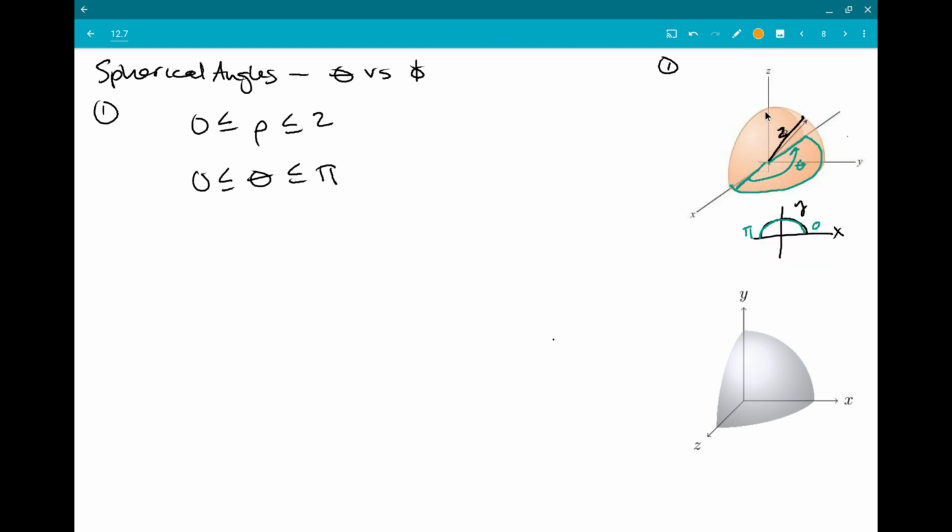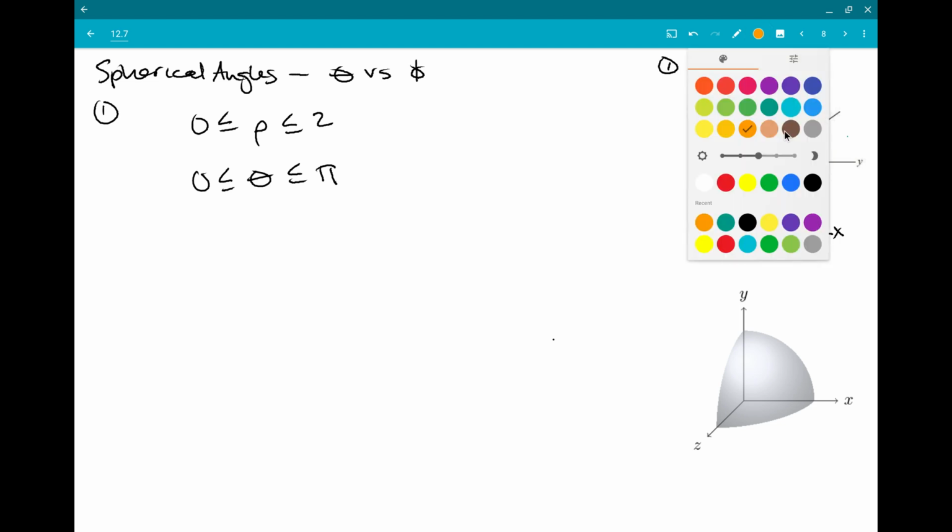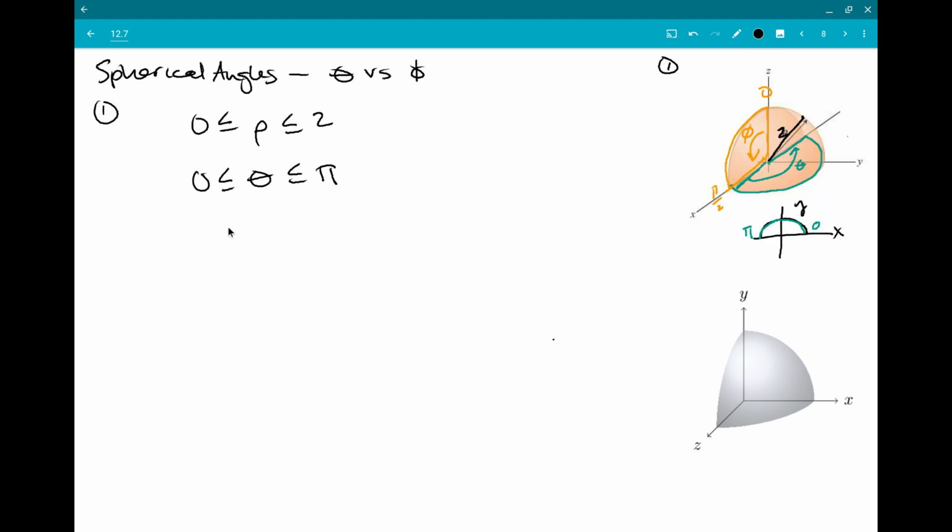And now we're on to the phi slices. So we're thinking about the angle you span when you start from the positive z-axis and spin down towards the xy plane. That gives us phi. And so you can see that phi starts at 0 and goes down again to pi over 2. I hope those colors helped.